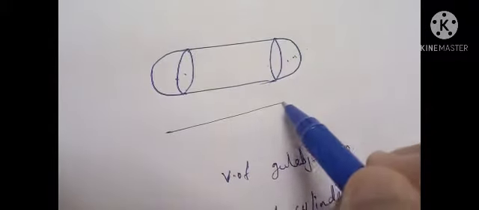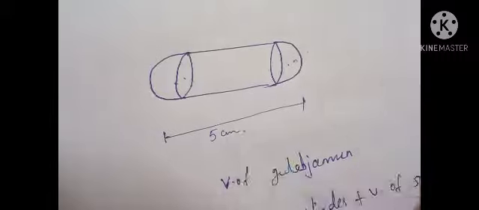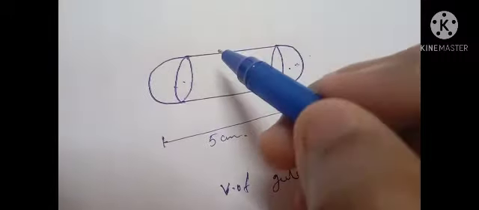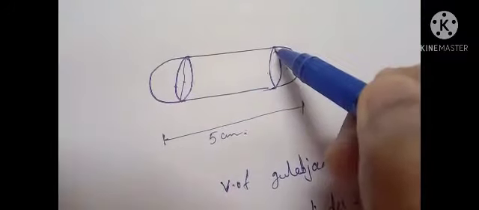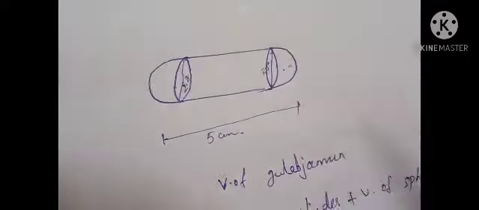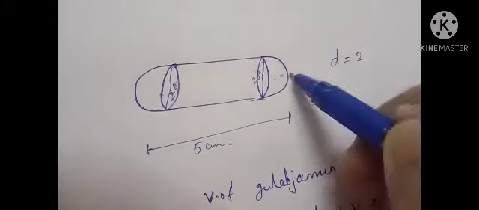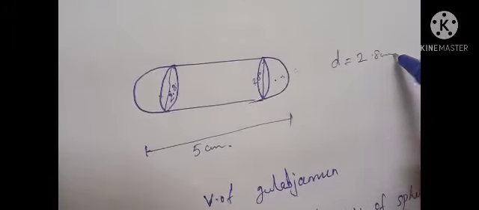Then it is given that the total length of this gulab jamun is 5 centimeter. Then the diameter is given as 2.8. So the diameter for this hemisphere and cylinder is common, that is 2.8. Here it is also 2.8. So the diameter is common for all these three shapes, that is 2.8 centimeter.